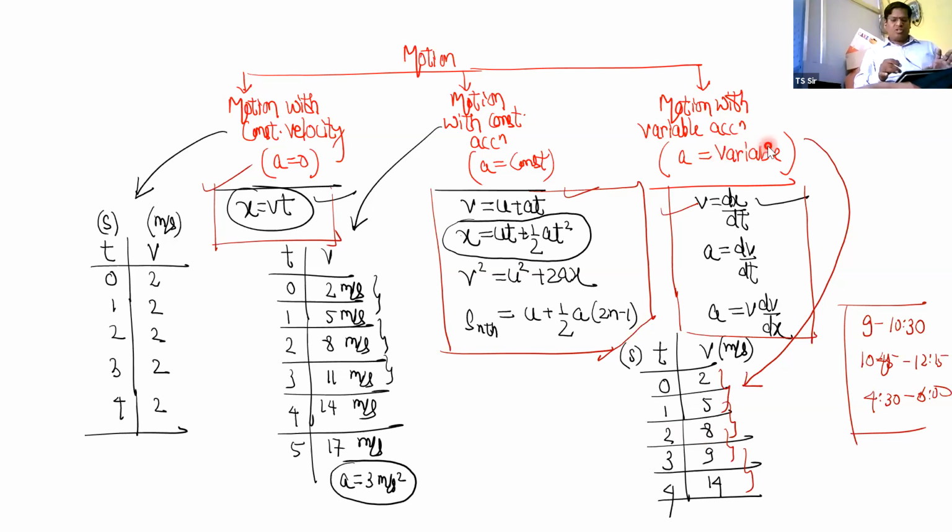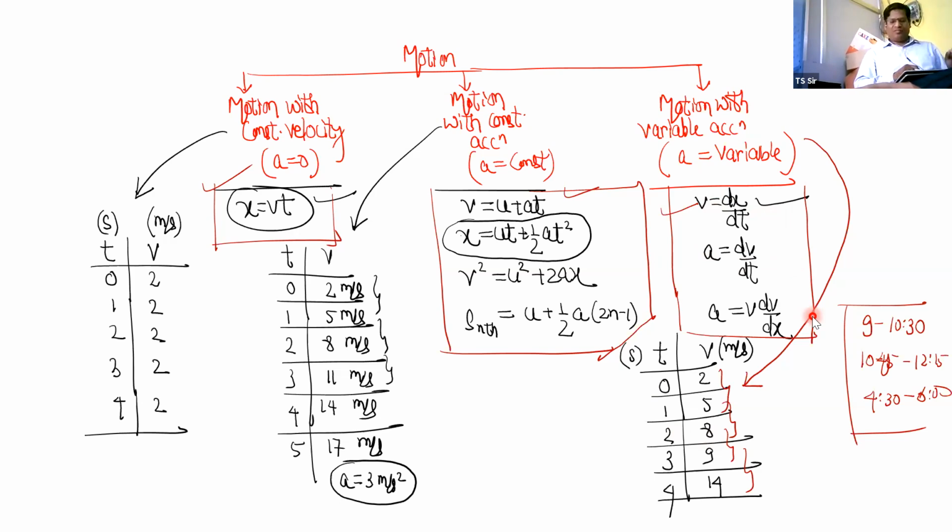To study motion with variable acceleration, we have these 3 equations: v equal to dx by dt, a equal to dv by dt, a equal to v dv by dx. Till this much we studied yesterday, so I have revised completely. From here we will continue. Before applying any equation, first be careful what kind of motion it is: constant velocity, constant acceleration, or variable acceleration.